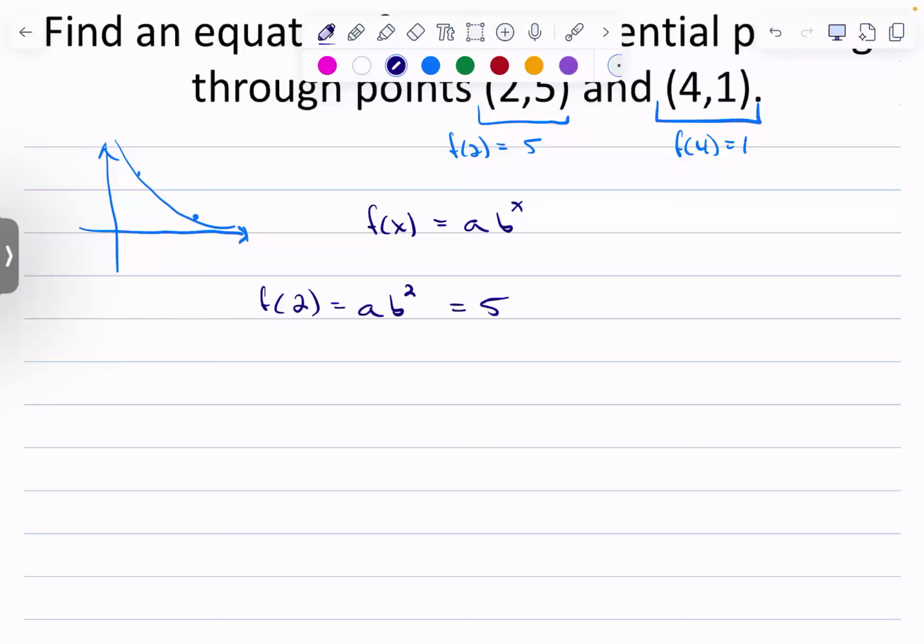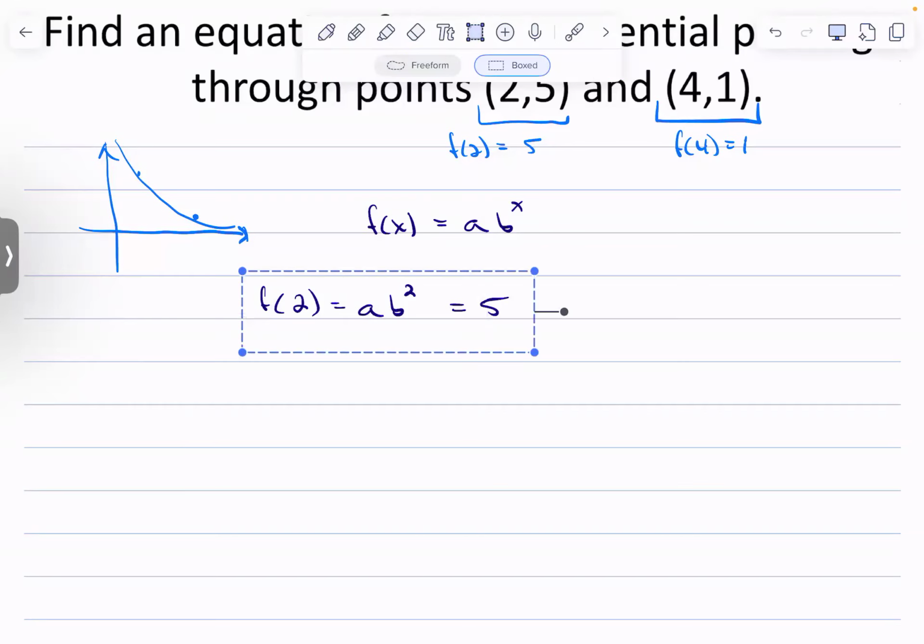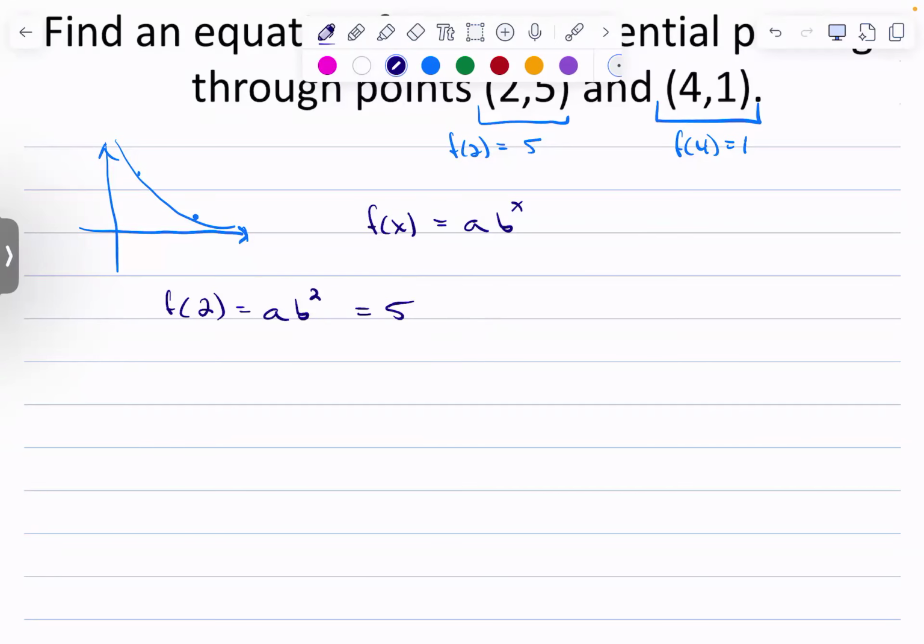I don't usually like to write the equal signs across like that, but I think it's going to look nicer in the end. And maybe I'll put it over here. And f of 4, which is a b to the 4, must be 1.